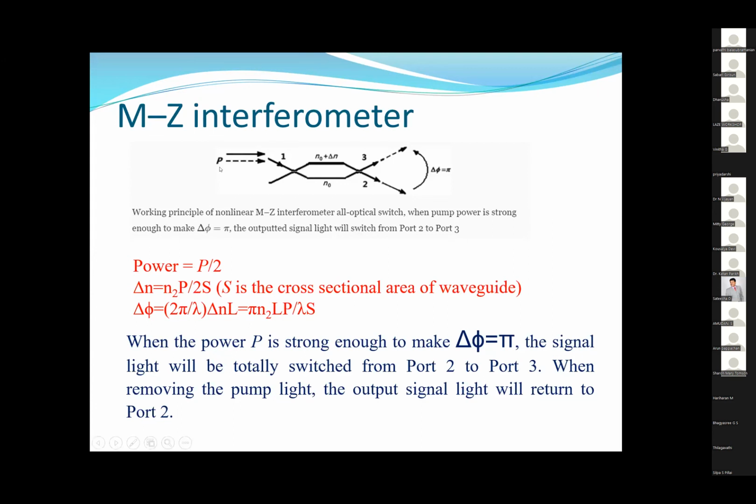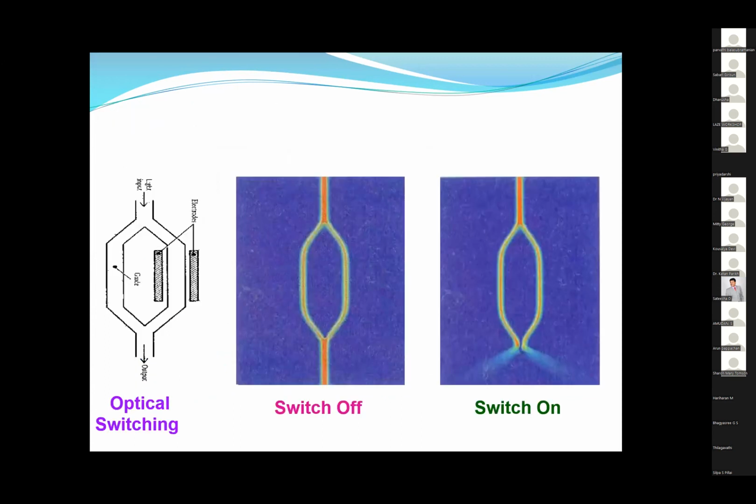Now, when the power P is strong enough to make the phase difference delta phi equal to π, then the signal light will be totally switched from port 2 to port 3. And when removing the pump light, the output signal will return back to port 2. So this is called the on and off of the switch.